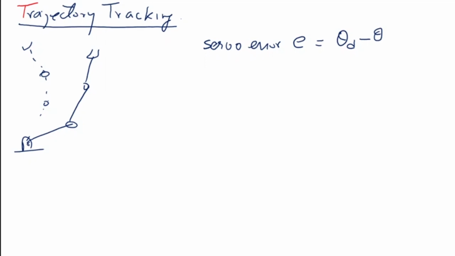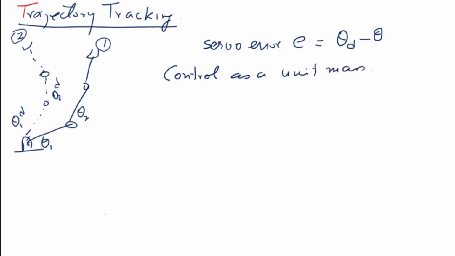How do we generate this error? This is my present position, 1, and this is my desired position, 2. So this is my theta angle, and that's my theta d. There is going to be theta 1d and theta 1. For the second joint, there is going to be theta 2 and theta 2d. For every joint, it generates a servo error, and then we control this as a unit mass system.